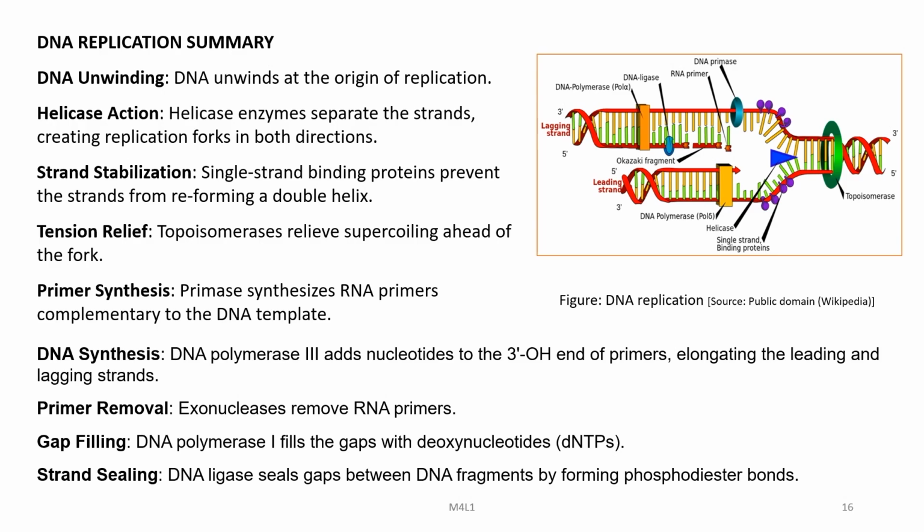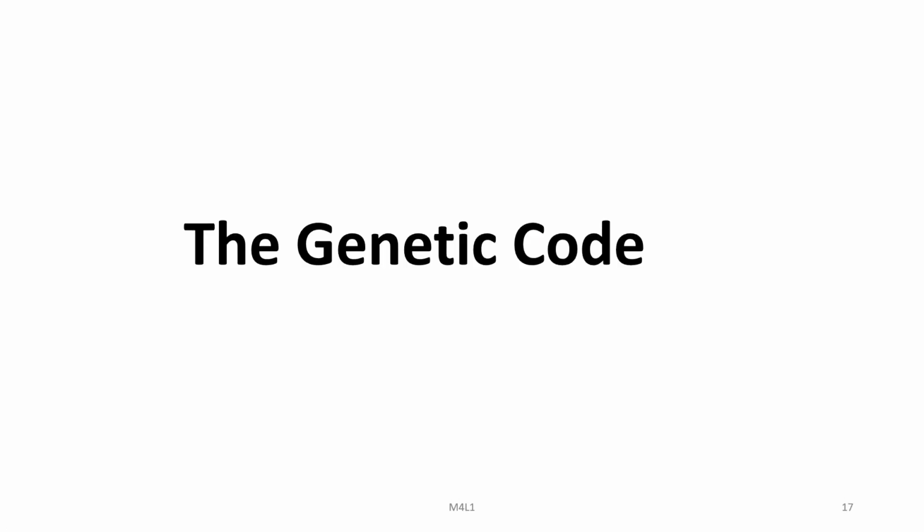Then the primers have to be finally removed from the DNA molecule, otherwise there will be errors. Exonucleases remove the primers. Then there is gap filling, where DNA polymerase I fills the gaps with deoxynucleotides, and finally there is strand sealing. DNA ligase seals the gap between DNA fragments by forming phosphodiester bonds.